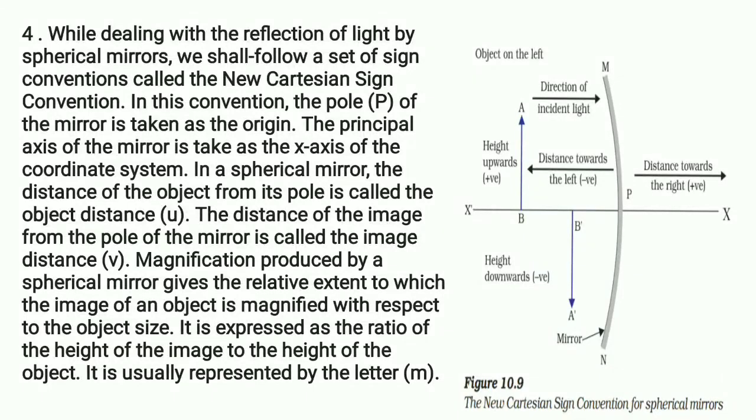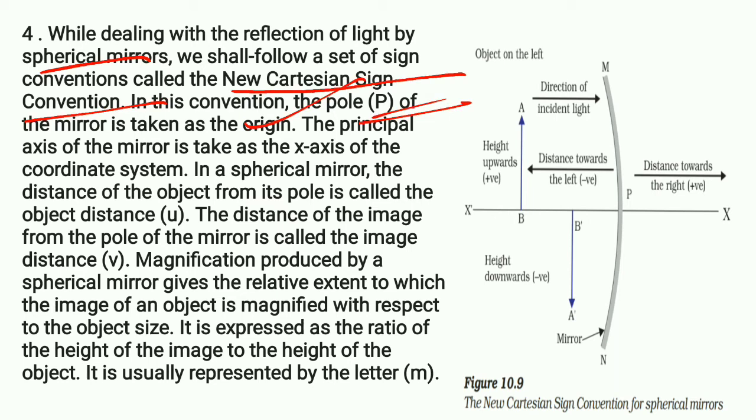Next question. While dealing with the reflection of light by spherical mirrors, we shall follow a set of sign conventions that is called the New Cartesian sign convention, right? In this convention, the pole of a mirror is taken as the origin, right?